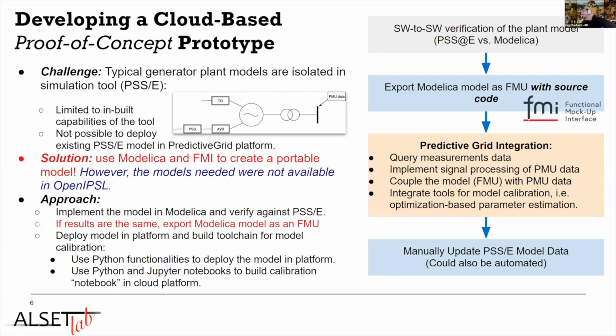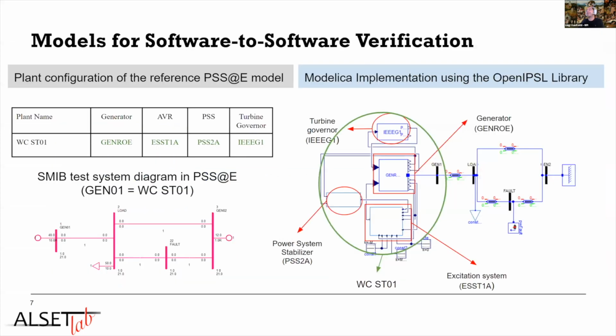So query data, pre-process the data, couple it with the FMU, and then integrate tools for model validation. And if this is successful, the process of calibrating and updating the model, then you could update parameters if the model is right, but nobody knows because they have not checked until you do this.